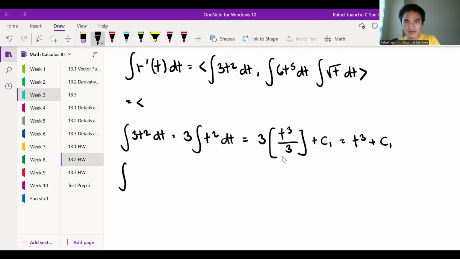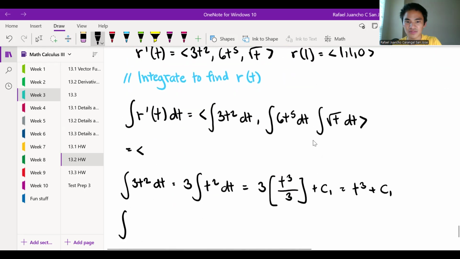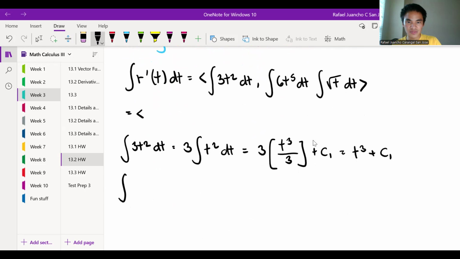So that's that. What else are we given here? We're given R of 1. Let's look at 6t to the fifth. So again, we take out the 6 because that's a constant.